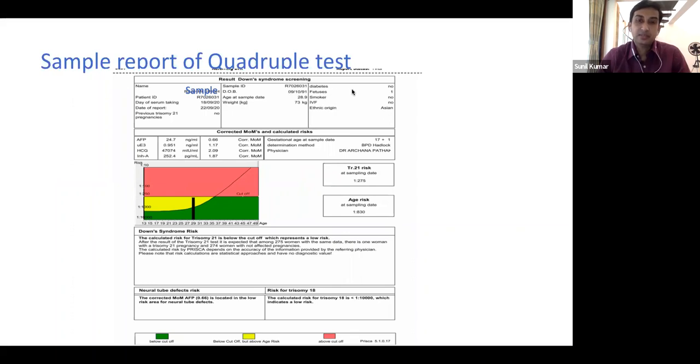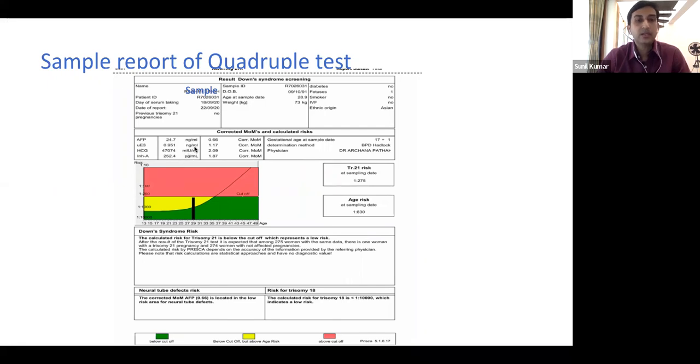If anything of this is abnormal or positive, then that also influences the result of the quadruple marker. Here, these are the 4 biochemical markers of the quadruple test: AFP, unconjugated estriol, HCG, and inhibin A. These values are represented in various units like nanogram, milli international unit, picogram.